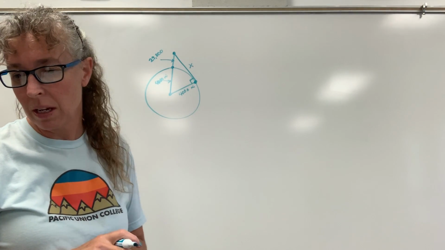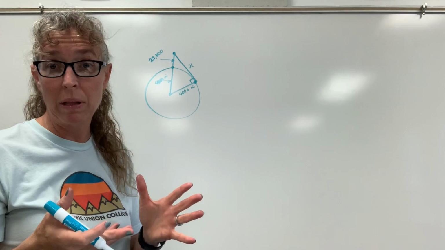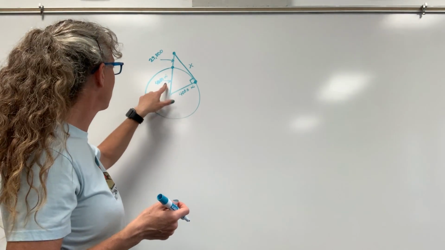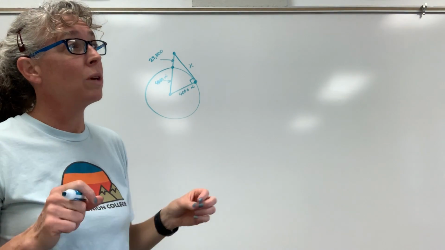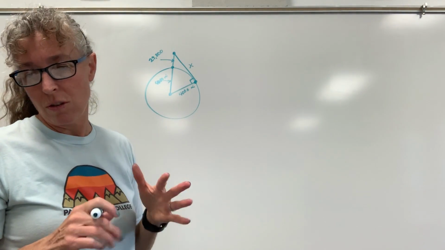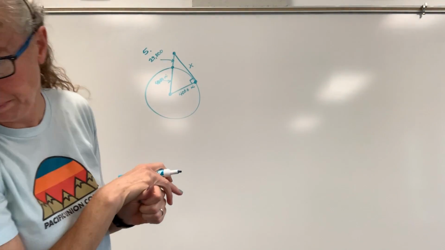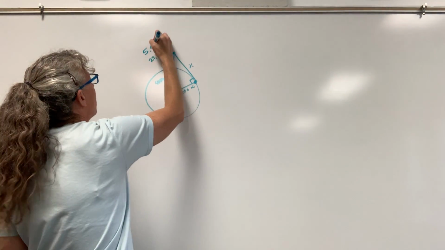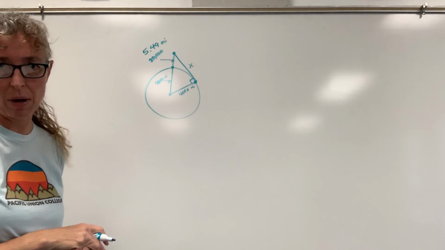The only thing that we're going to run into is making sure we're dealing with miles in both places. So I have miles here and miles here, so why don't I change 29,000 into miles? 29,000 feet divided by 5,280, they did that for us, is 5.49 miles. So instead of feet, I now have it in miles.